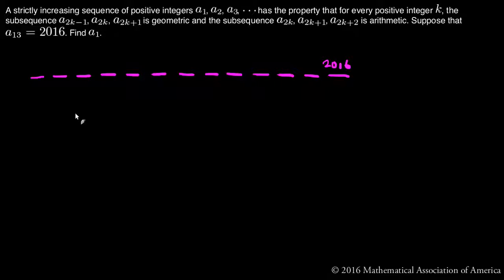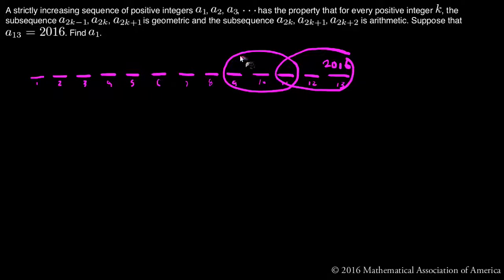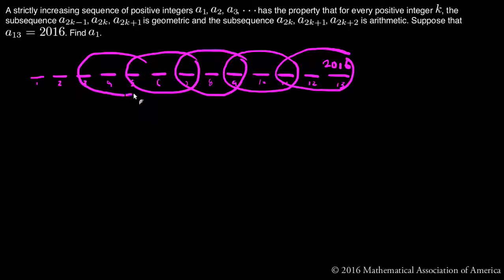And so in here, label this 1, 2, 3, 4, 5, 6, 7, 8, 9, 10, 11, 12, 13. And the geometric sequences have to go 11, 12, 13, because it's odd, even, odd. 9, 10, 11. 7, 8, 9. 5, 6, 7. 3, 4, 5.